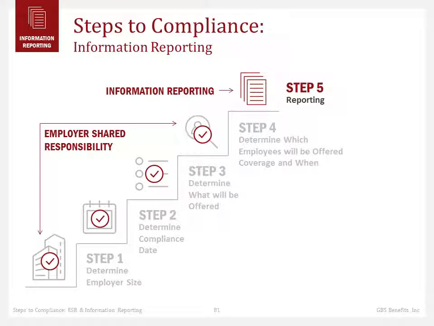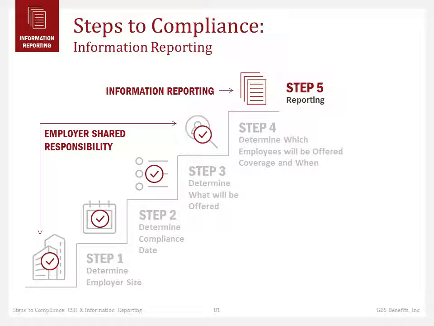And again, our last slide is just a reminder that the employer shared responsibility steps not only help you get in compliance with the employer shared responsibility provisions so that you can hopefully prevent any kind of penalty under that provision, but also help you with information reporting. And you will need to continue the steps, not all of them, but step 1 in some cases, if you are bordering on the threshold of being above or below 50, and in all cases, step 3.